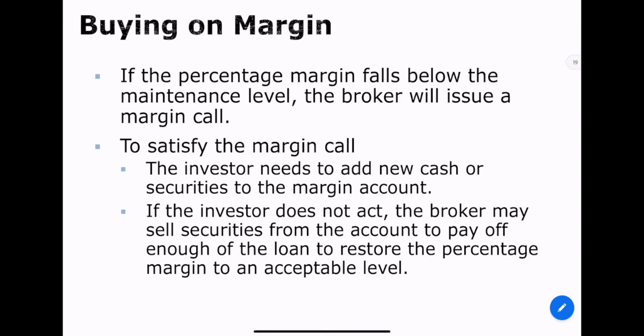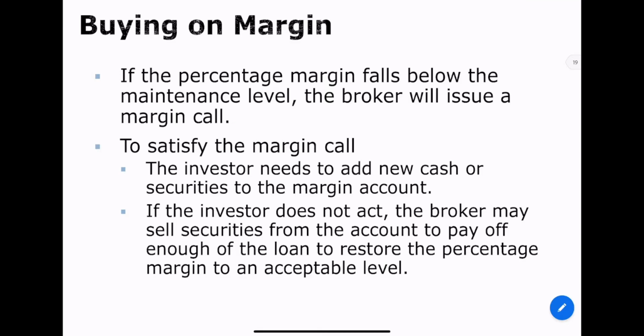And the second choice is you could add more securities. Because here, securities could serve as collateral. So by adding securities, you could restore your maintenance margin. And then if you don't add cash, and if you don't want to add new securities, then the broker will have the right to liquidate your position.